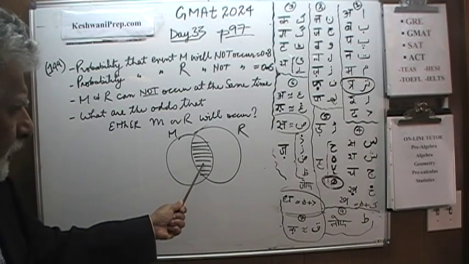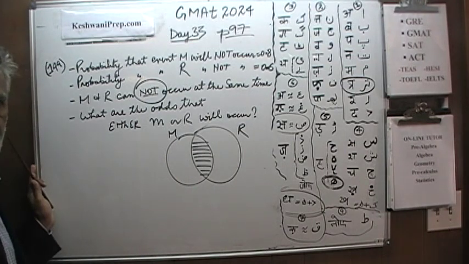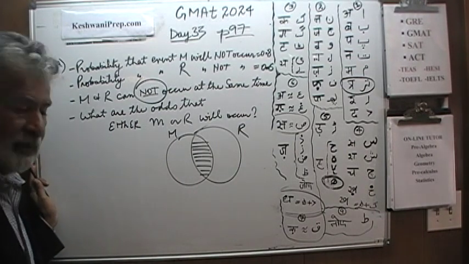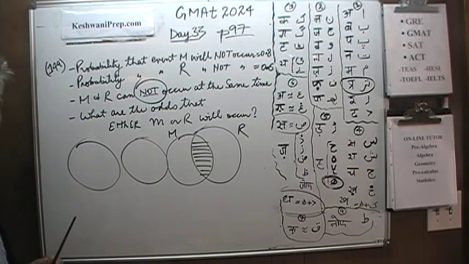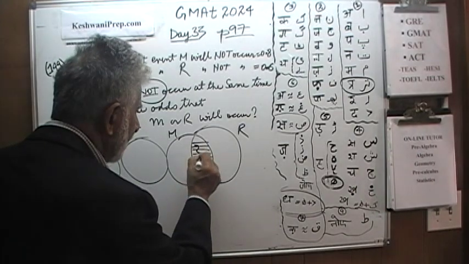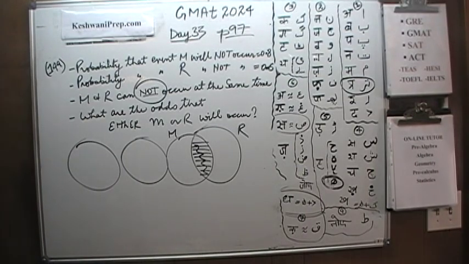Here we are told that they cannot occur at the same time. Therefore, what we are dealing with here are two disjointed sets. They do not overlap. This entire thing is zero.